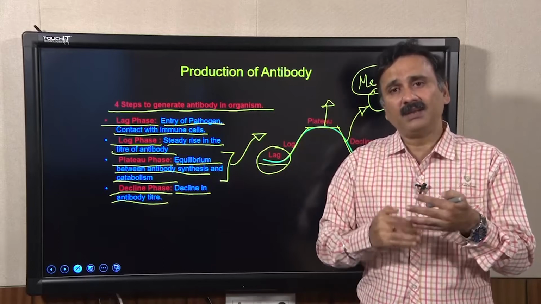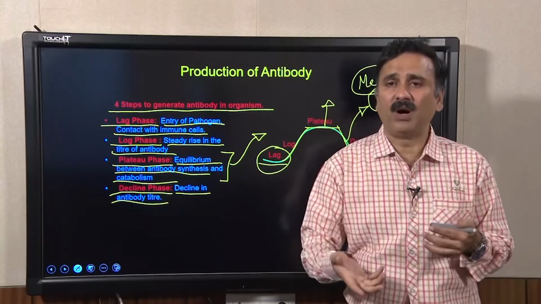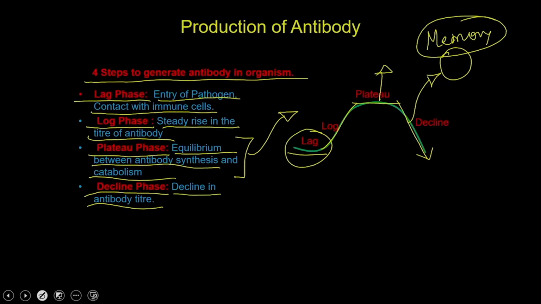So, in the second response, or the second time, the time the organism has taken for the lag phase as well as the log phase to do the preparative step is going to be shortened, and as a result if the same organism comes in the second time, the immune response is going to be faster.